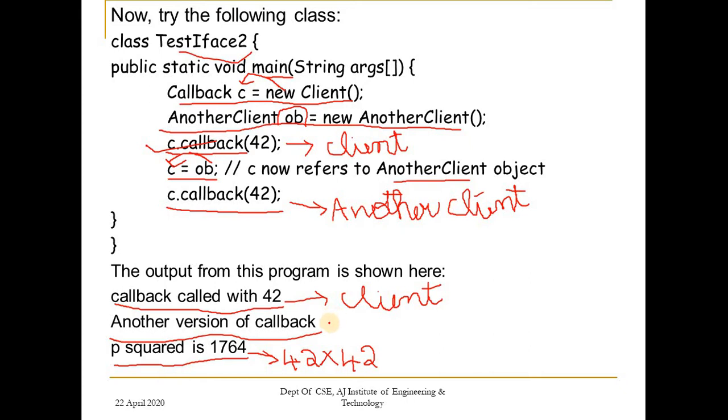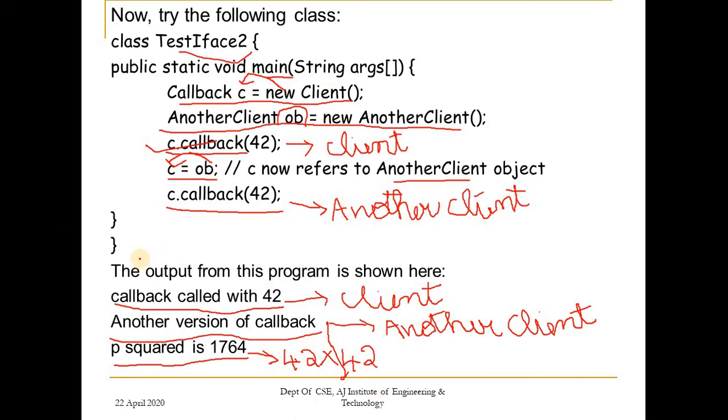So this is the output generated from the callback method of the Client class, and this is the output generated from the AnotherClient class.